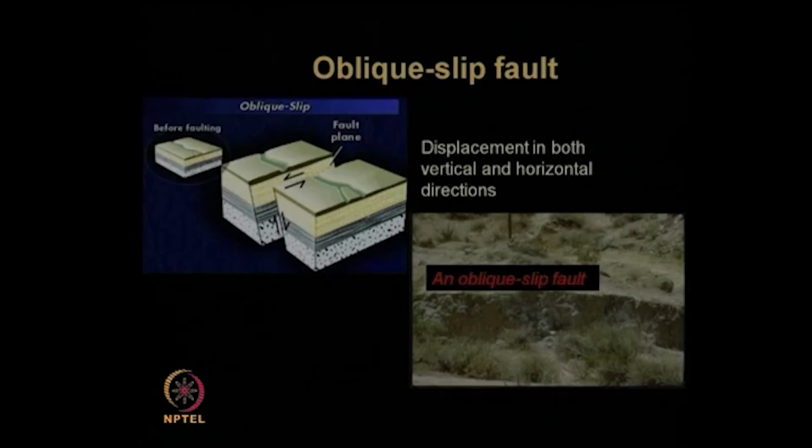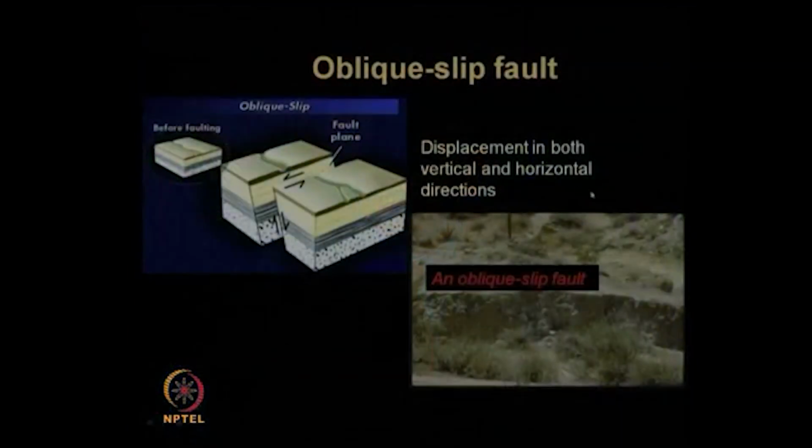In pure strike slip fault, there is only horizontal movement and no vertical movement. So, that is why the oblique slip fault is nothing but a combination of vertical as well as horizontal movement.